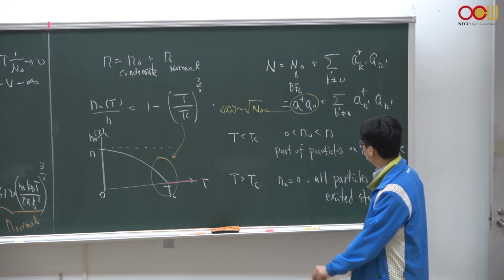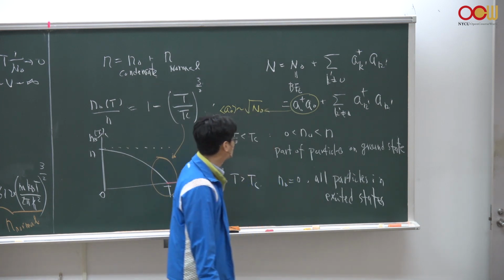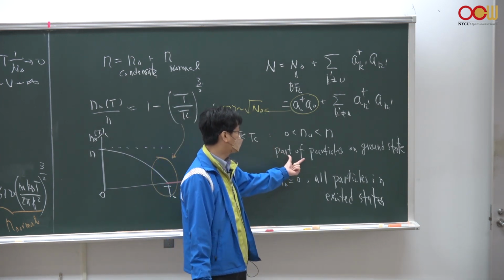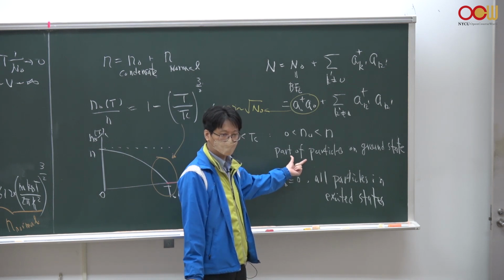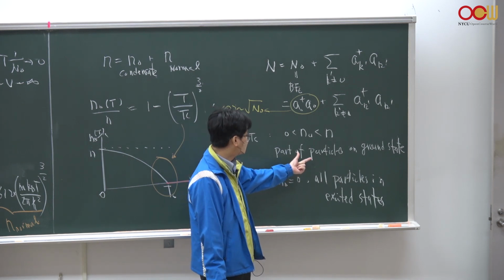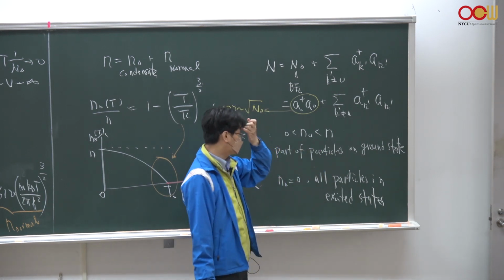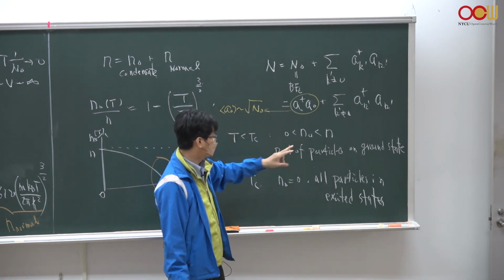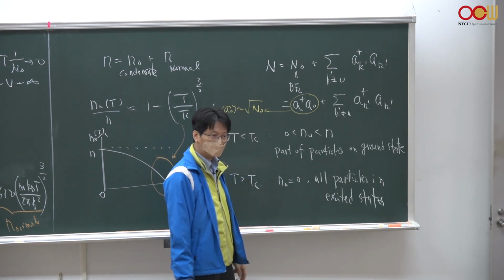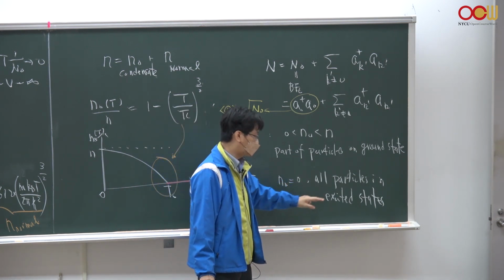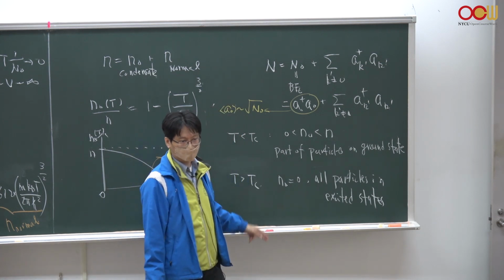So that's what we can summarize here, that for T less than TBEC, a macroscopically sizable percentage of particles stay in the ground state, which means that N0 is somewhere between 0 and N. But when temperature is above TBEC, all particles are in the excited state, where no particles stay in the ground state.